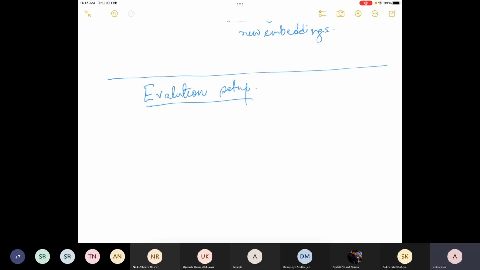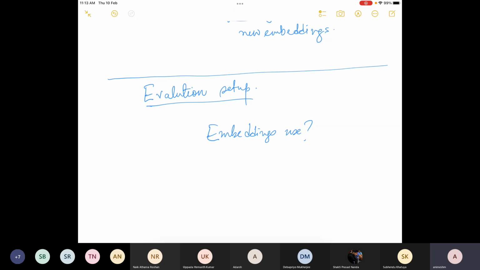So what are these embeddings generally used for? We have seen, right? We started with this motivation, right?